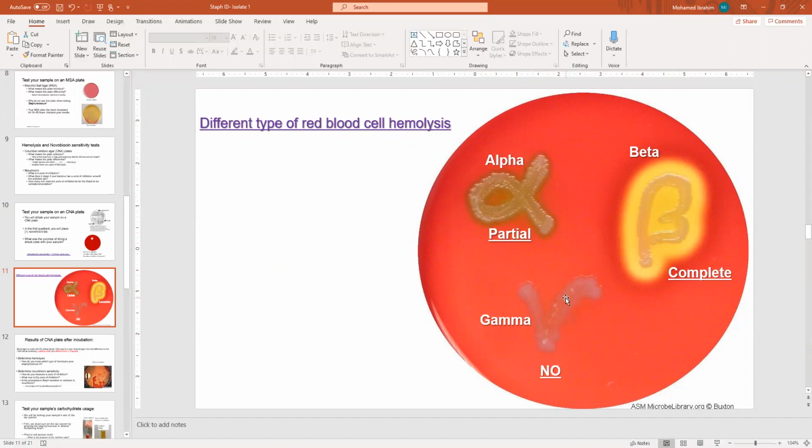So it is crucial, when you see a plate with some bacteria in your practical and it asks you whether it is alpha, beta, or gamma hemolysis, that you look at the zone around the colony. Complete hemolysis is beta; partial hemolysis, greenish color, is alpha; no hemolysis at all is gamma. Okay?